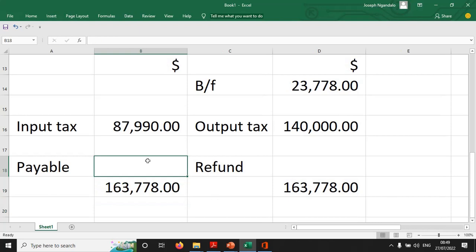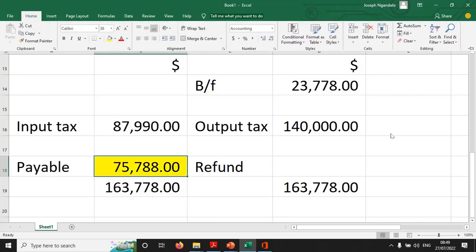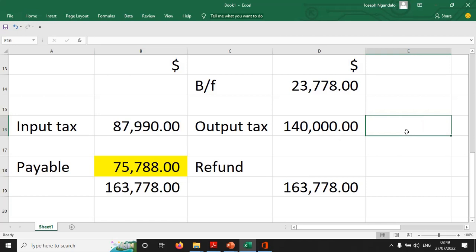So what we're going to do is find the difference between the total minus that number. How much do you owe the government? Are they going to allow you to continue trading if you owe them? They're not going to allow you. You owe the government. Can we proceed?